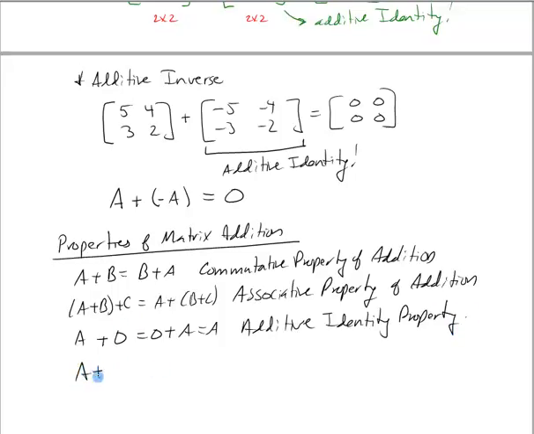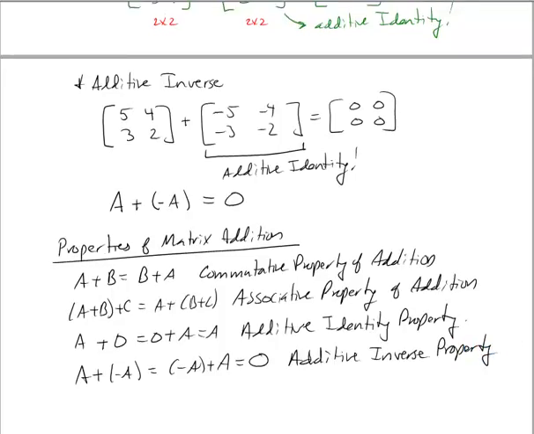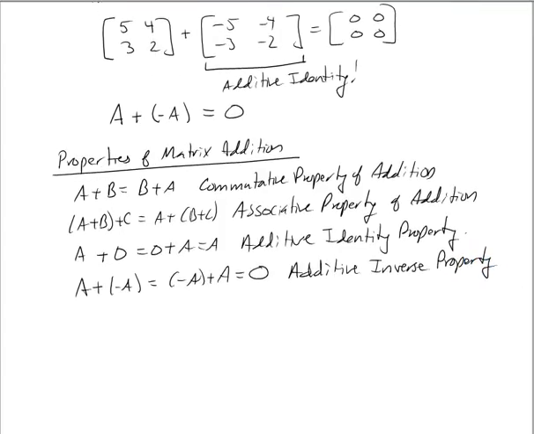Next we have A plus negative A is equal to negative A plus A, this is the commutative property, which equals 0, the additive inverse property. So those are some properties of matrix addition. Now of course, A, B, and C, the matrices that we're looking at here, are all of the same order or all of the same dimensions.